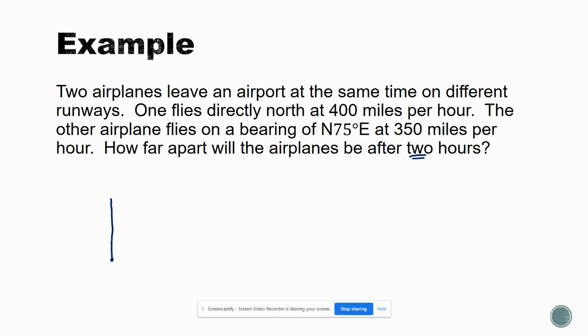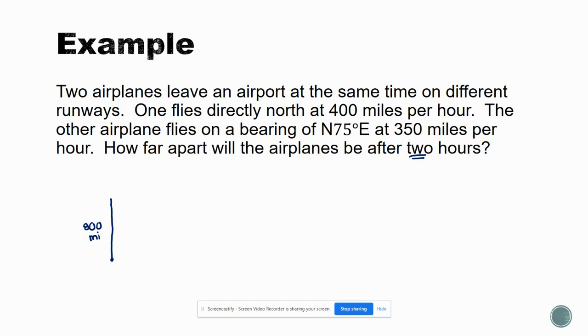The plane is flying 400 miles per hour, so if that's only one hour, I have to double that value to find where the plane is at the 2 hour mark. So 400 times 2 tells us that I really want 800 miles going up.